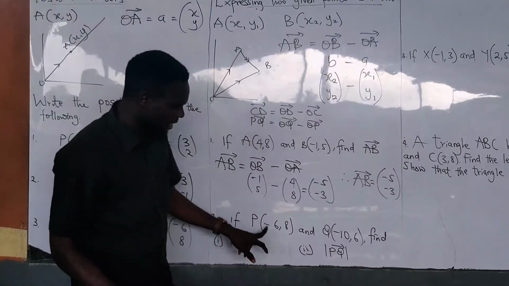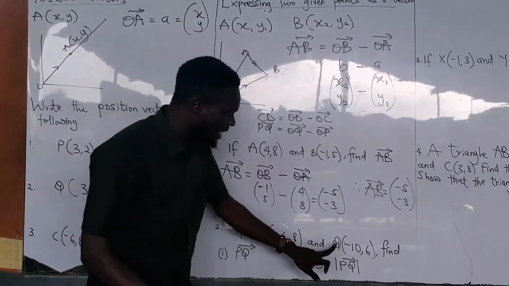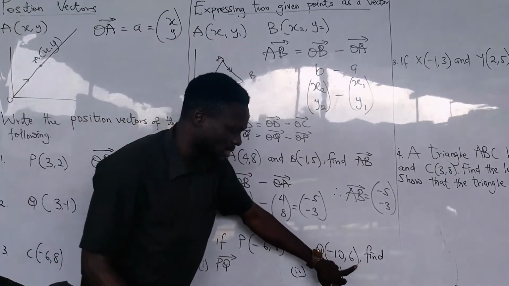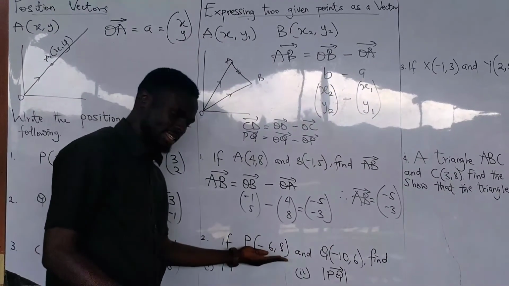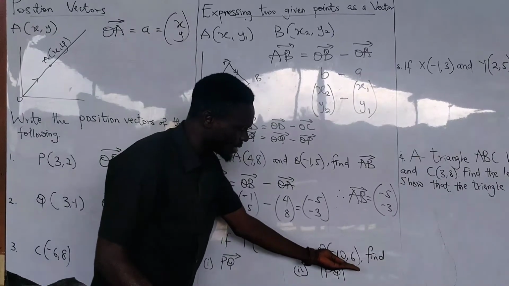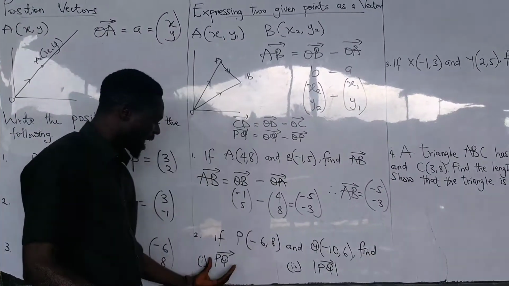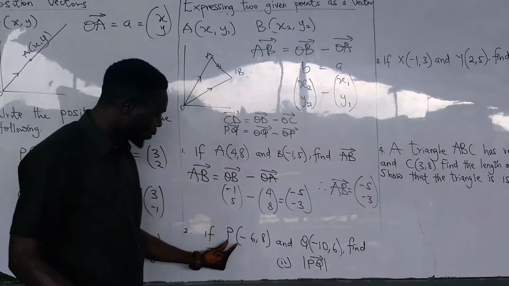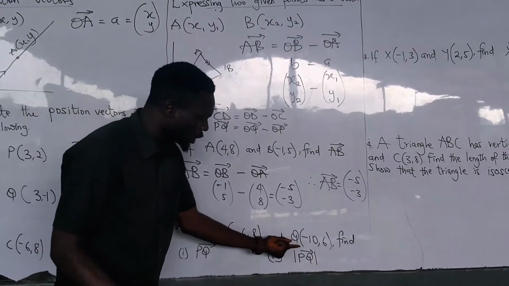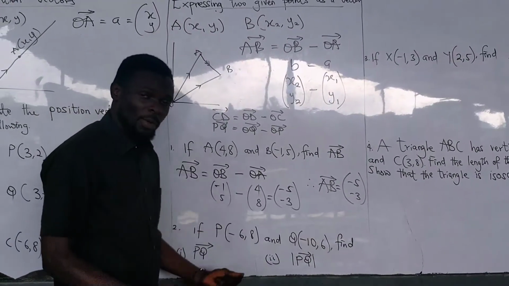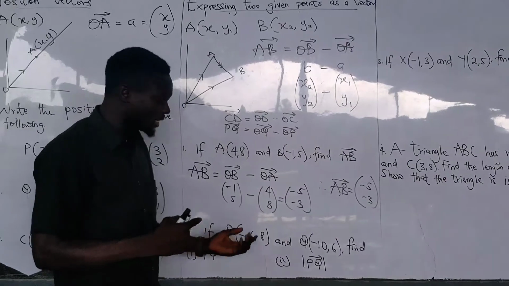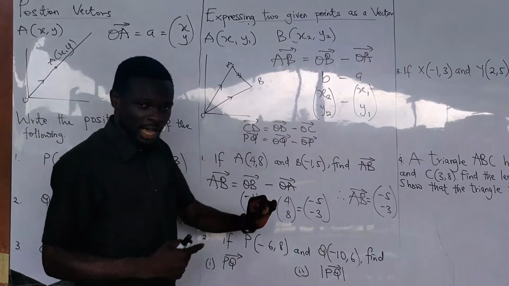If point P is negative 6, 8, and Q is negative 10, 6, find the vector PQ. So P is a point, Q is also a point. But we are expressing these 2 points as a vector.